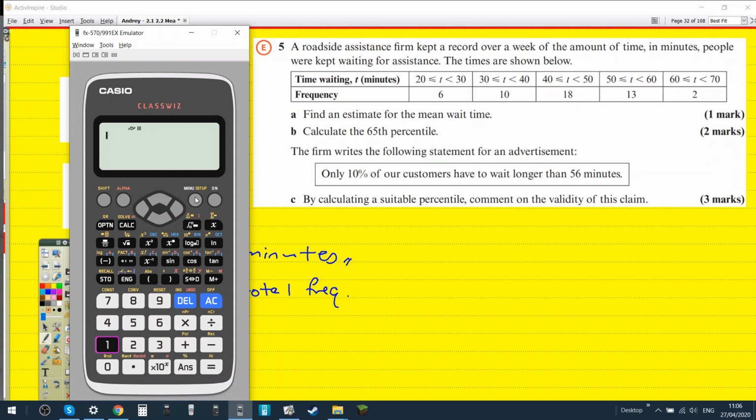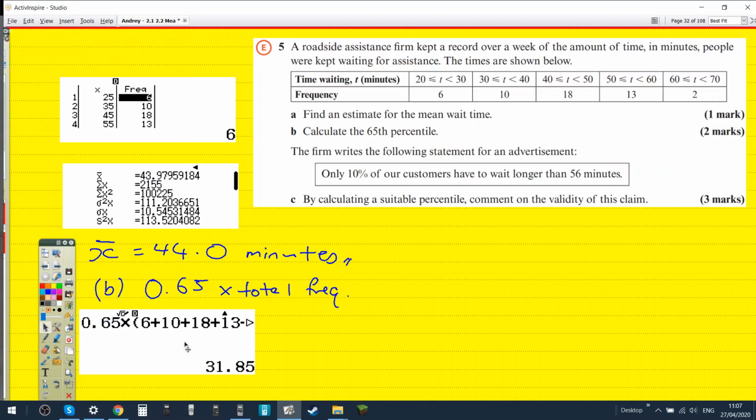So we go back to normal mode. Okay, so whatever the total frequency is times 65% is 31.85.